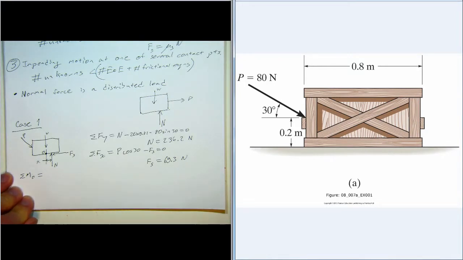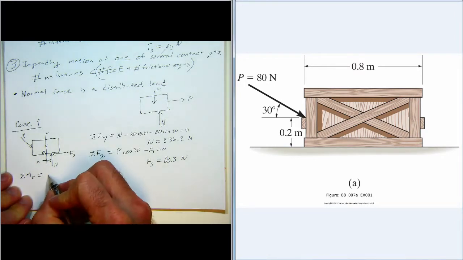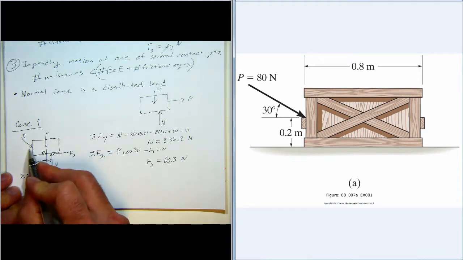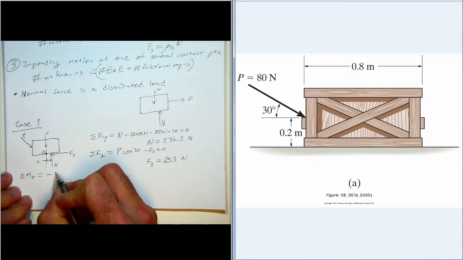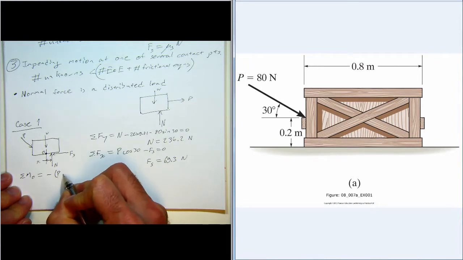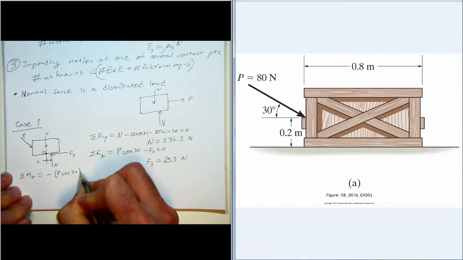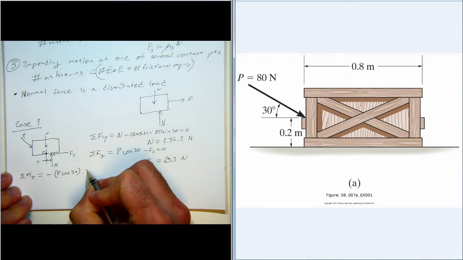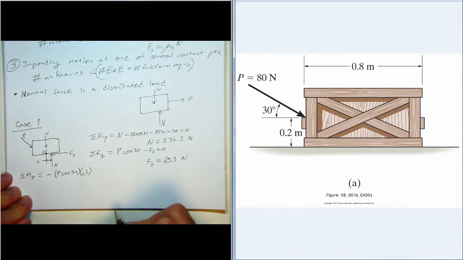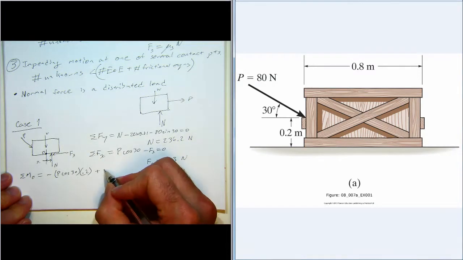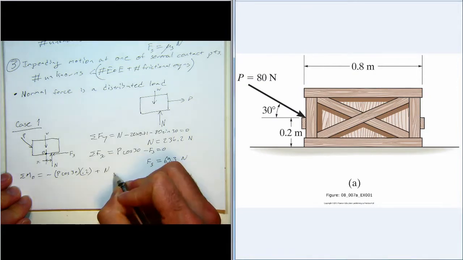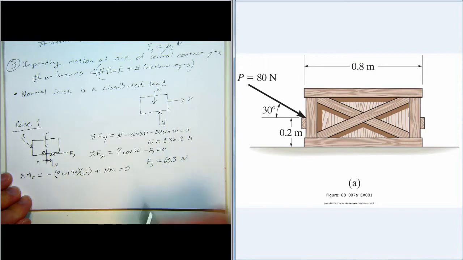We have negative 0.2, or the x component of P is going to generate a negative moment about O. So that's P times cosine of 30, and then the moment arm is 0.2 meters. And then N will generate a positive moment, so we have N times X, and that's equal to 0.